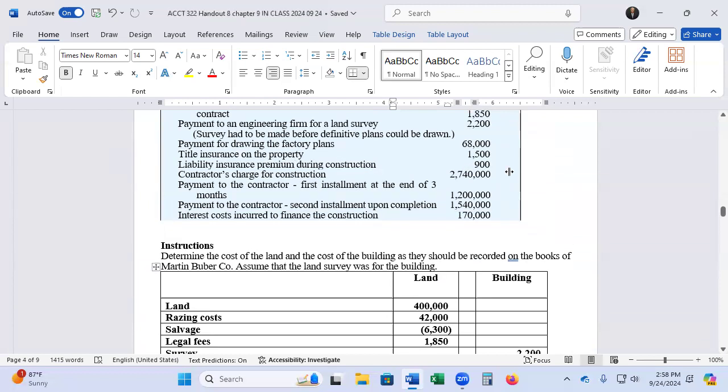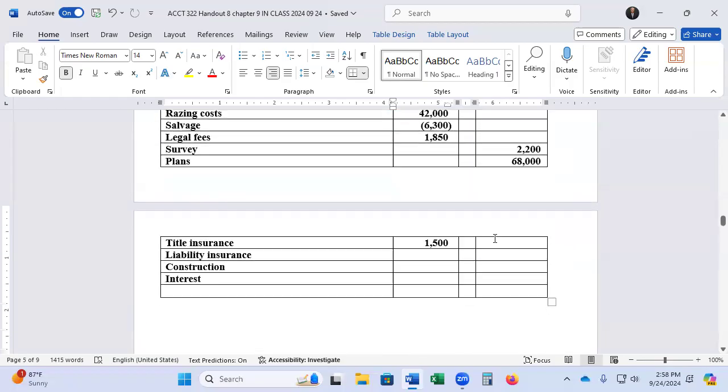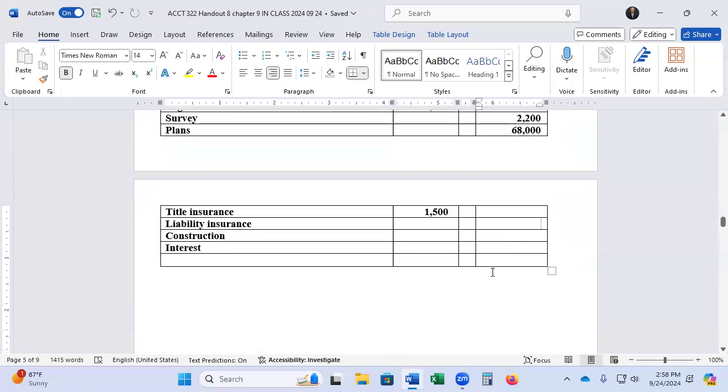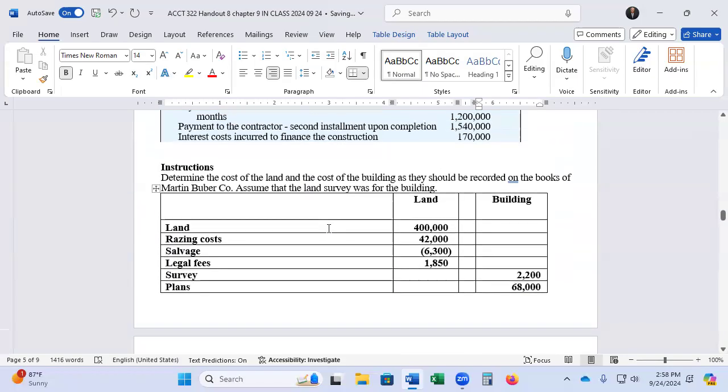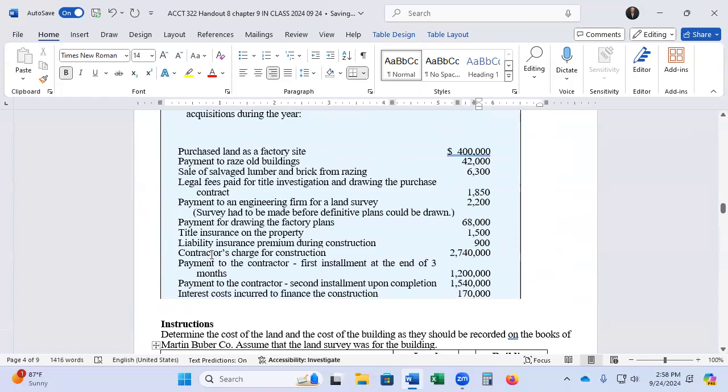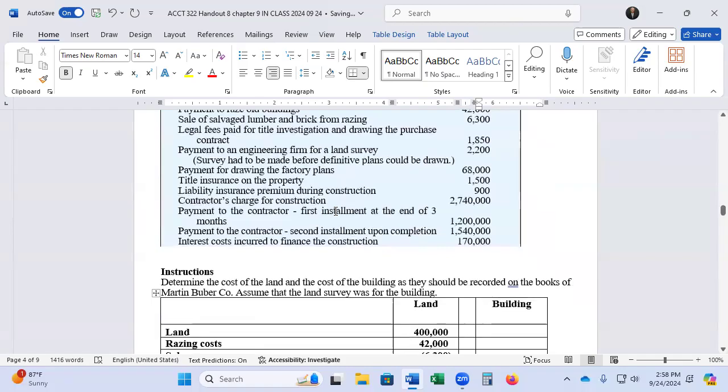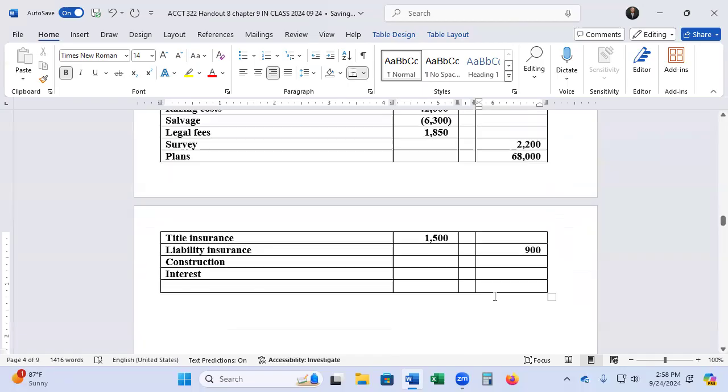Liability insurance premium during construction. It sounds like they're already starting to build the building, so that would be 900. Contractors charge for construction, $2,740.